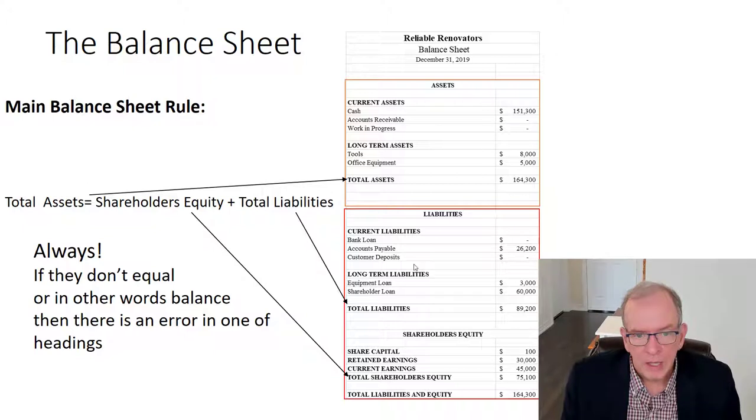And that's in the shorter term, one year or less. On the longer term, equipment loan, shareholder loan, because maybe this bank loan is due in a short period of time. If it's like a mortgage or something, it would be over here. So that's total liabilities. And again, basically this has to equal that plus that.